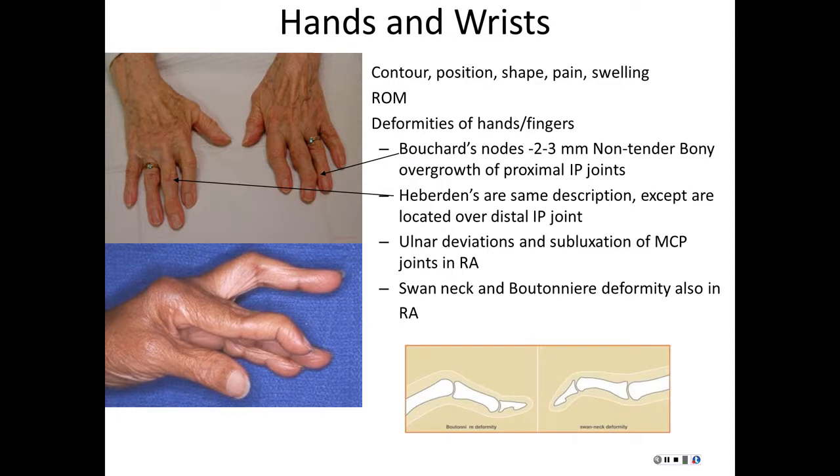What these two go with is osteoarthritis. That's important to remember. Heberden's nodules are real common with osteoarthritis. You can also have the swan-neck or boutonniere deformity in rheumatoid arthritis.